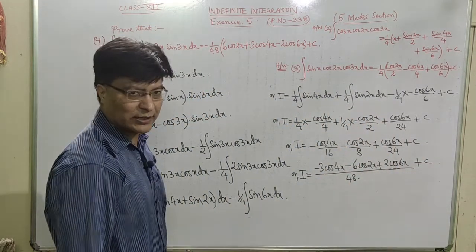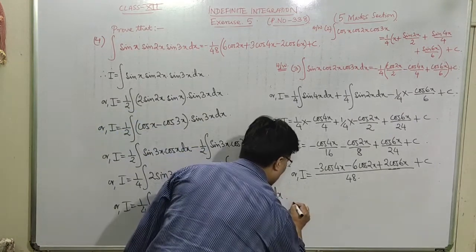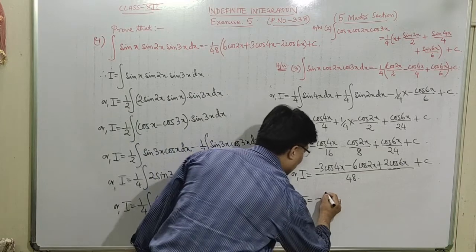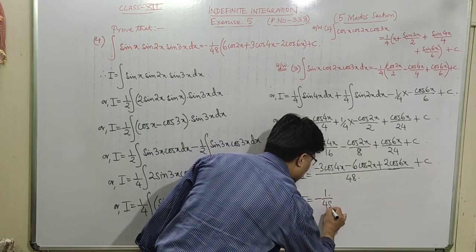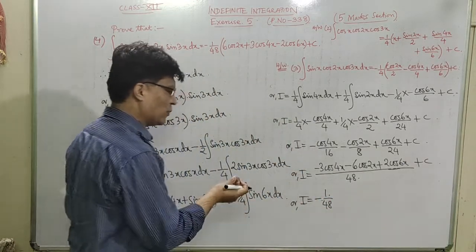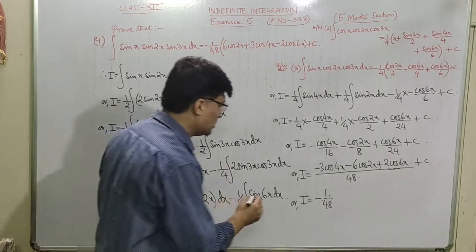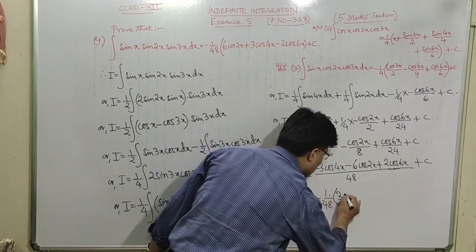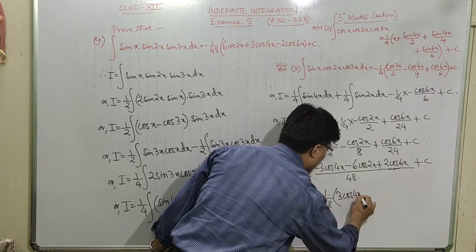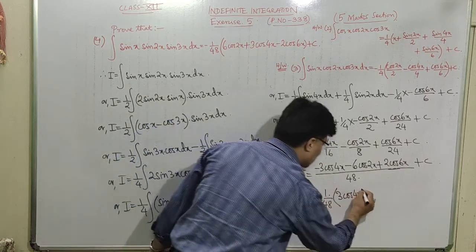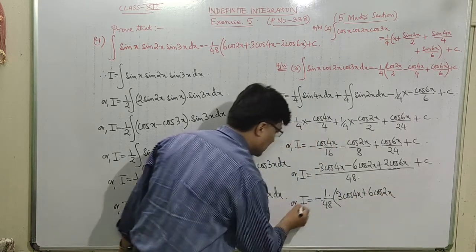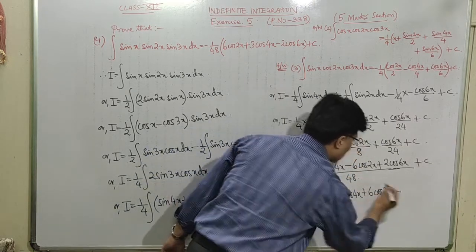So I think you have understood it. So let us take out common out here. That is minus is taken common and minus 1 by 48. So this is minus 1 by 48 is taken common. So within bracket what do we get? Minus into minus plus, so this is only 3 cos 4x. Minus into minus plus, it is 6 cos 2x. Minus into plus is minus.